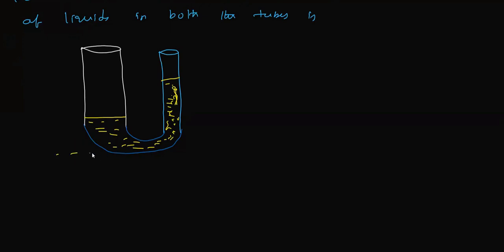If you take here, this height is how much? You can take H1. This height, you can take H2. Difference means what we can do here. Again, same thing, delta H equals H2 minus H1.